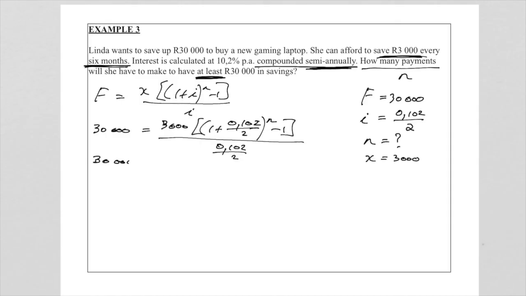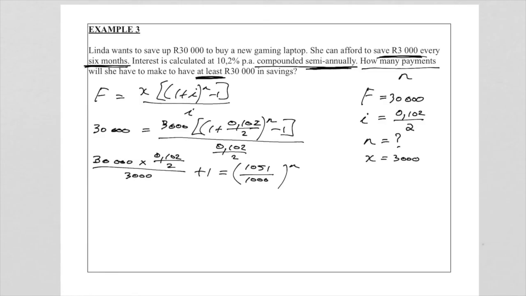So I will say 30,000 times 0.102 over 2, and that I'm going to divide with 3,000. We're finally going to say plus 1, and then we will have the bracket. And that bracket, we can simplify the inside. You can use your calculator to do that. And you will get 1051 over 1,000. So that is my bracket to the N.